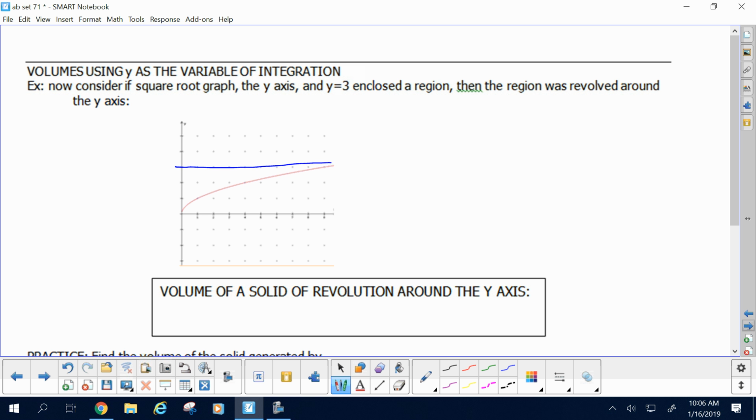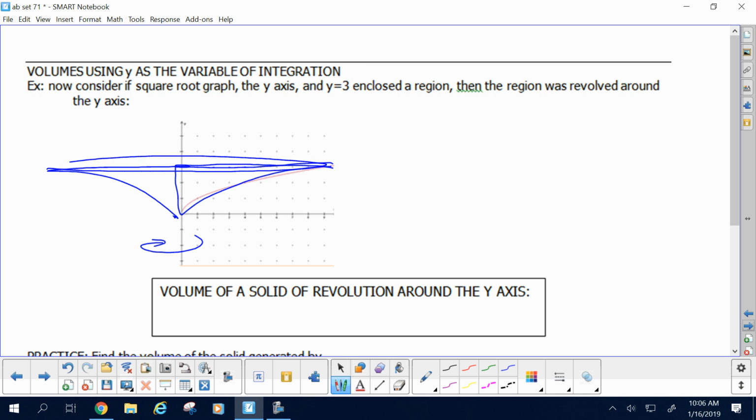So I'm talking about this region here. Not the lower region like we used earlier, okay? Different region. Now we're revolving it around the y-axis. Now, if you were to show the reflection of that, and then a little perspective, it would look a bit like a funnel, yeah?